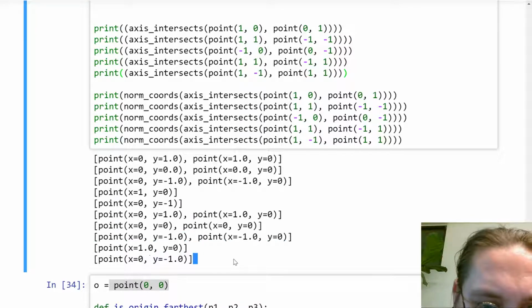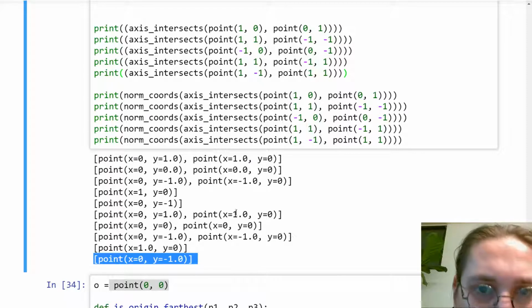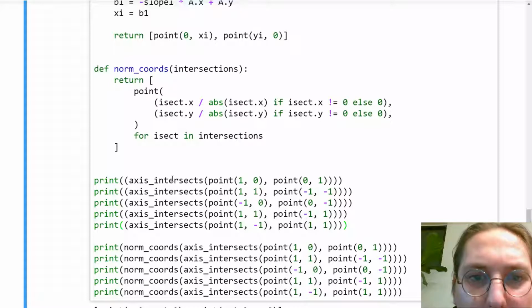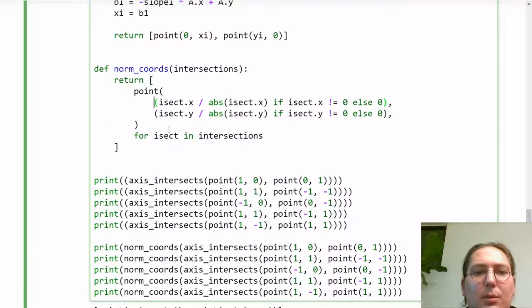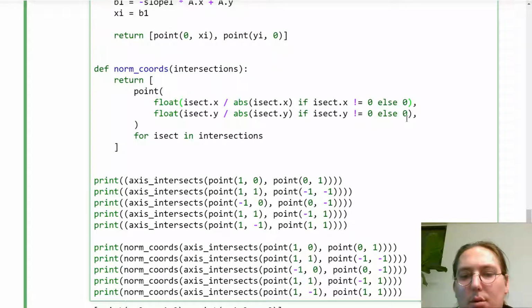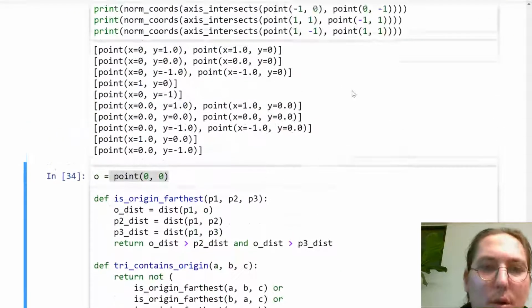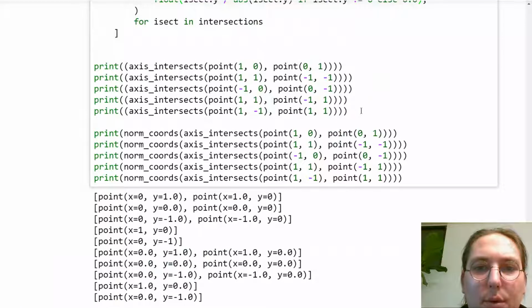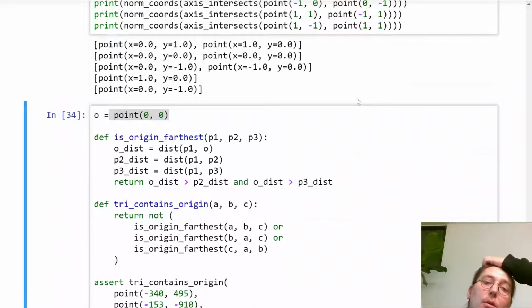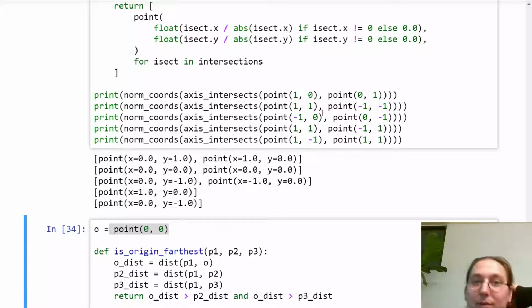I guess we should coerce everything to float, because the sets have to be the same, right? So just make sure everything is a float. And now we get to the interesting part.